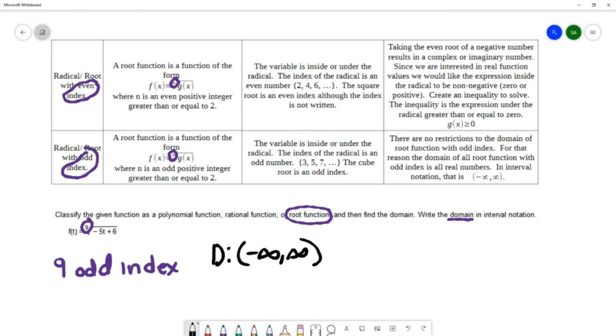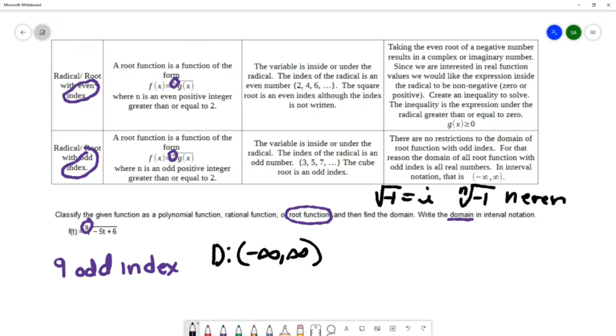The reason why even index root functions have restrictions is because the square root of a negative will give you an imaginary number. That's not a real number. This happens with square root, but it also happens with all even index. So if you take the nth root of -1 and n is even, you get an imaginary number.